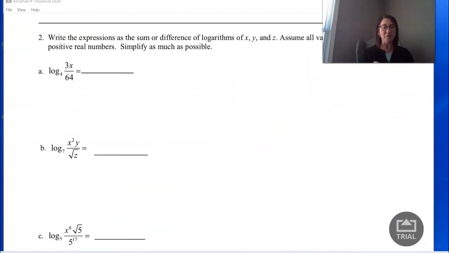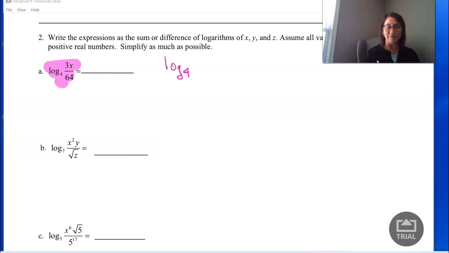So now let's do this next one right here. First thing I see is it's a fraction, so that means I'm going to subtract top minus bottom. So that's going to be log base 4 of 3x minus log base 4 of 64.